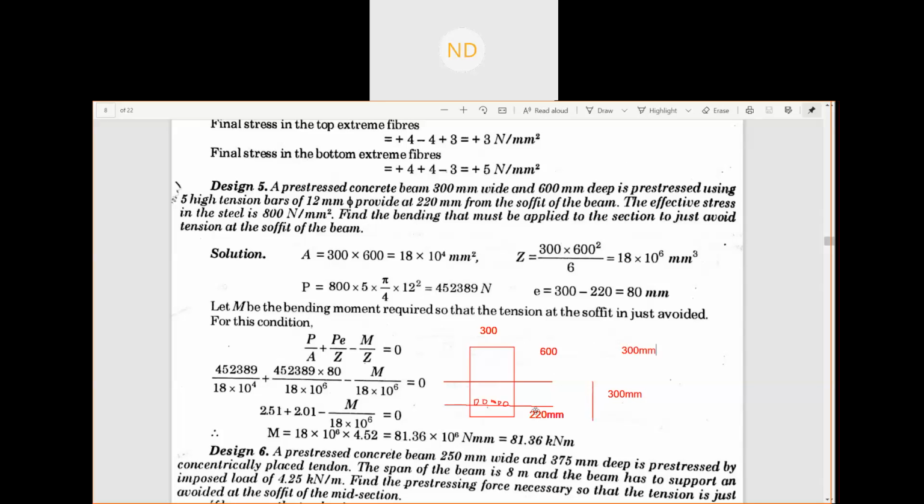Now in the question, your bars are at a distance of 220 mm from the soffit. Soffit means from the bottom it is 220. So obviously now you can calculate your eccentricity. How much will it be? 300 minus 220, which is 80 mm.